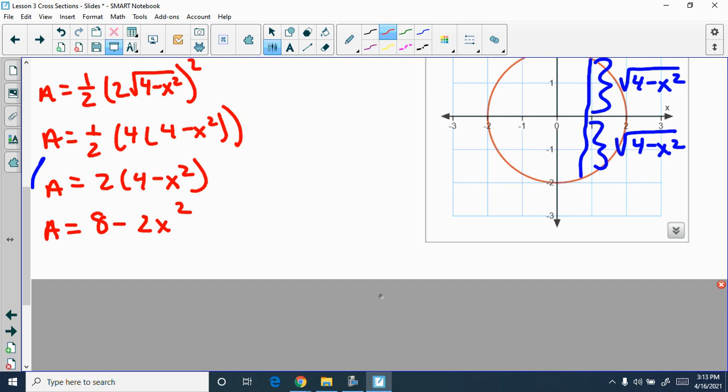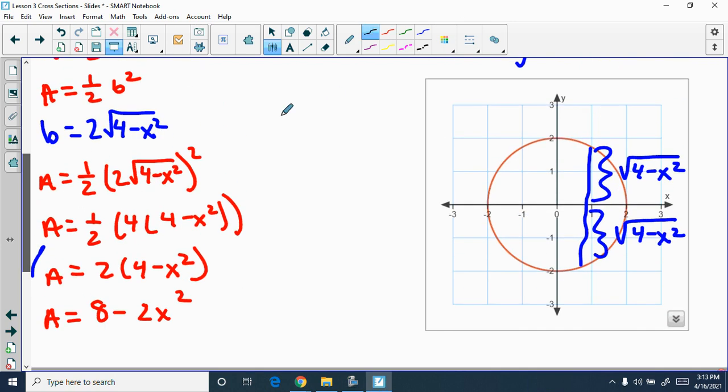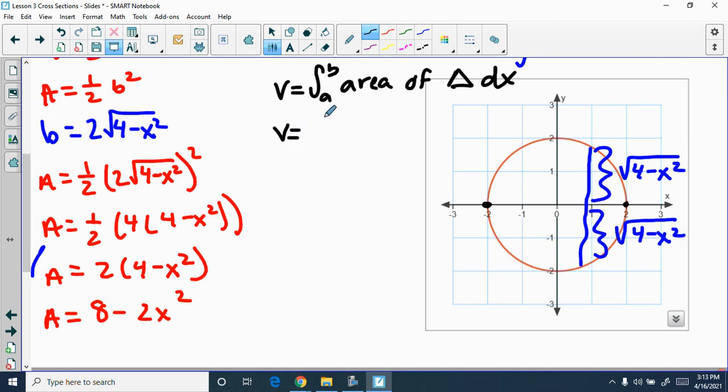So now that we have that, we can create our volume formula. So our volume is going to be the integral from a to b of the area of a triangle. So our a and b, again, are our lowest x and our highest x value, which are -2 and 2.